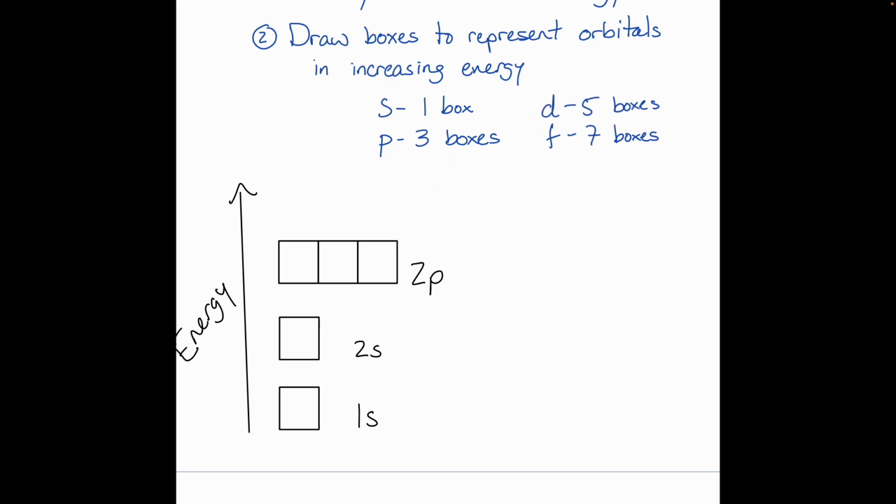Okay, now last step is we need to fill in this diagram with electrons. And we got certain filling rules for our diagrams. All right? We need to fill from lowest energy to highest energy.